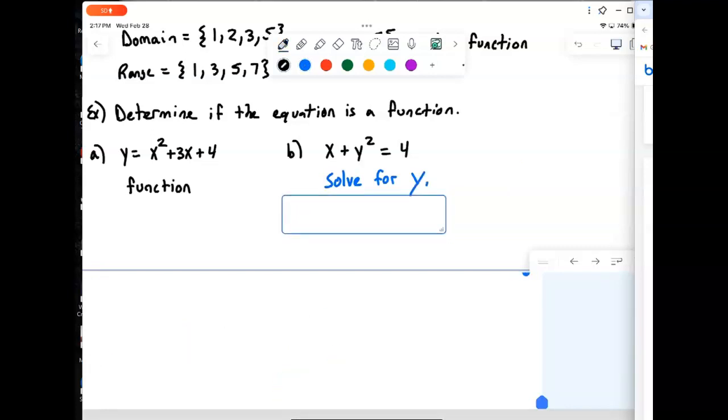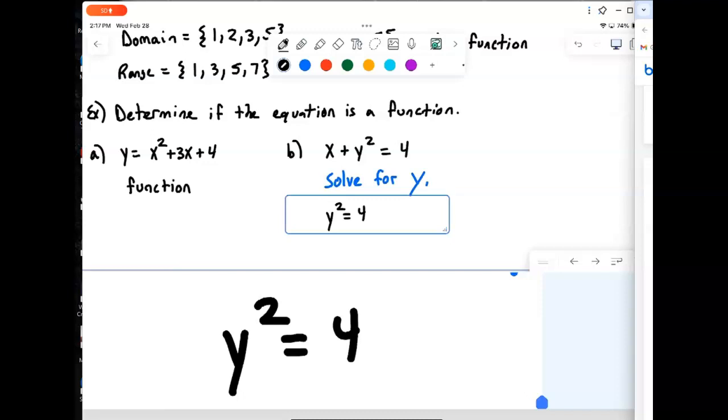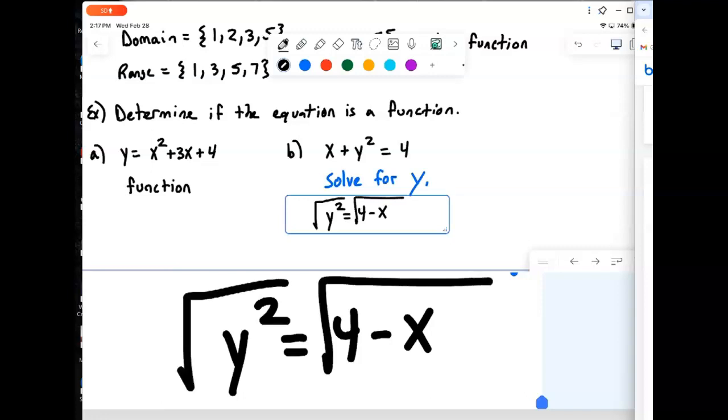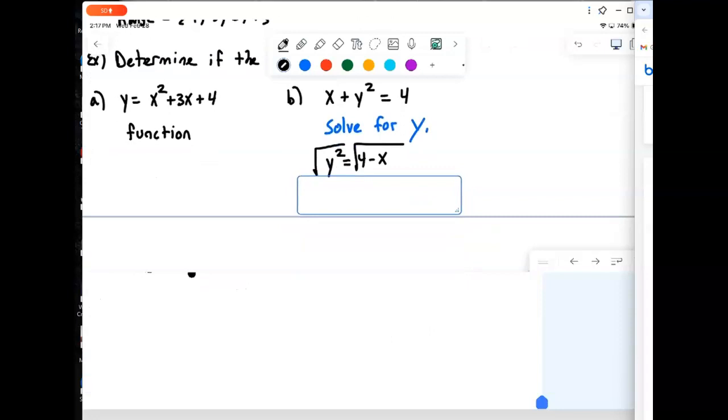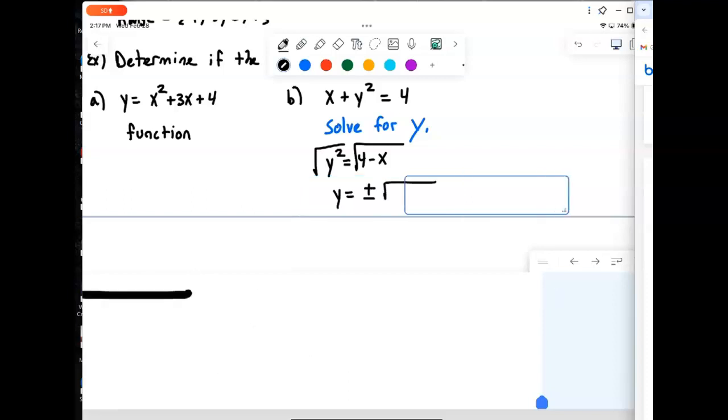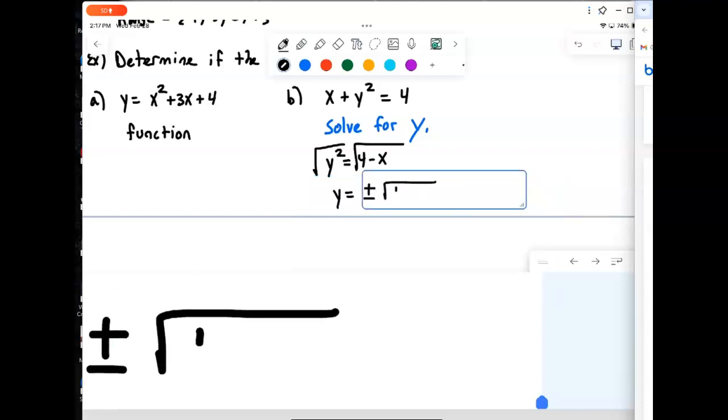If we take that equation and try to solve for y, the first thing we would do is bring the x over to the other side. You'd get 4 minus x. Right? And then we would apply square root to get y by itself. But since that's a y squared, we have to bring in a plus or minus. So we're going to get y equals plus or minus the square root of 4 minus x.